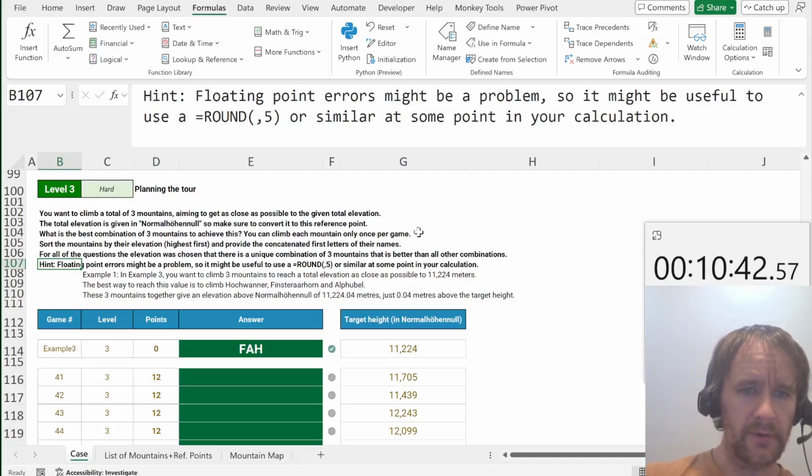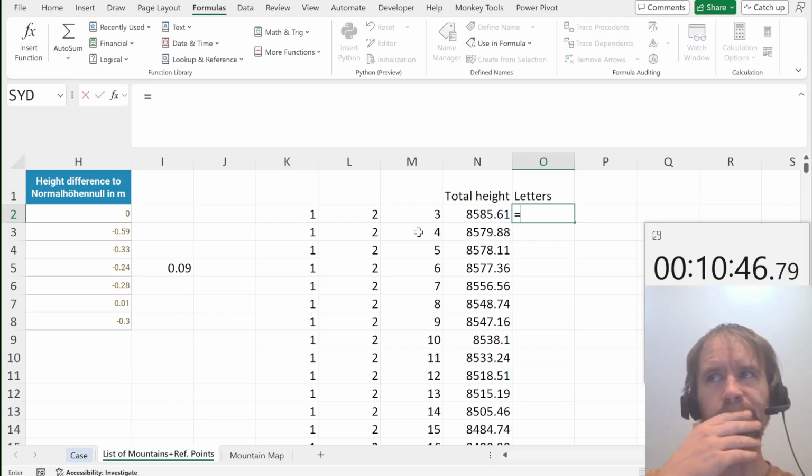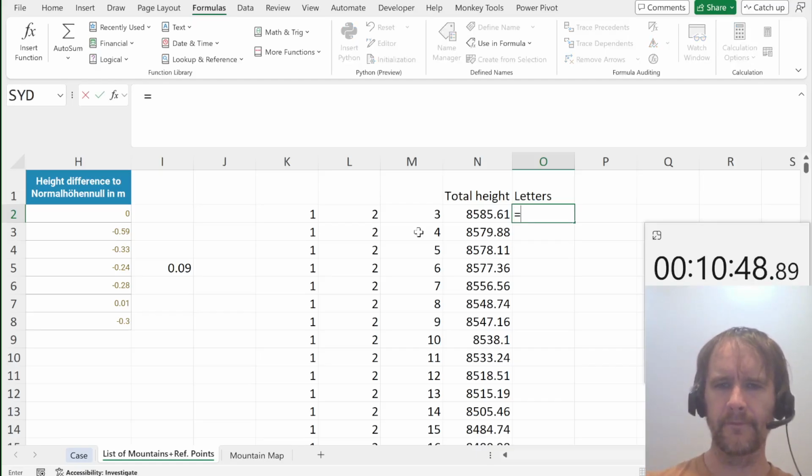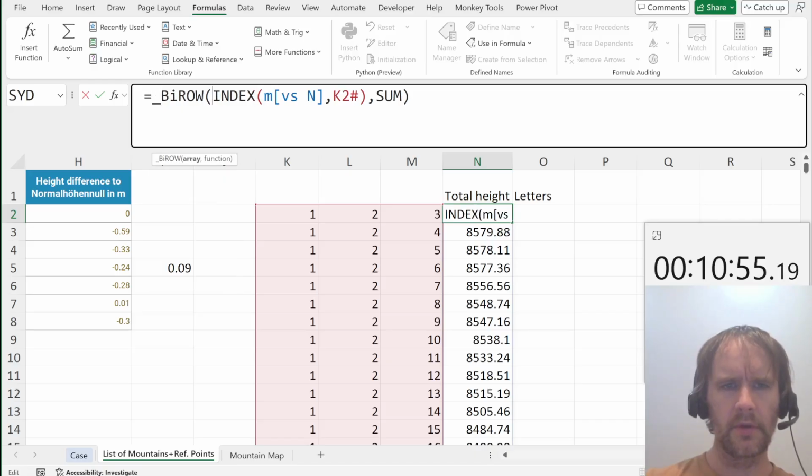Sort the mountains by their elevation, highest first, and provide a concatenated first letter of their names. Okay, so actually, this might be better as a BYROW. Yeah, let's just do this.